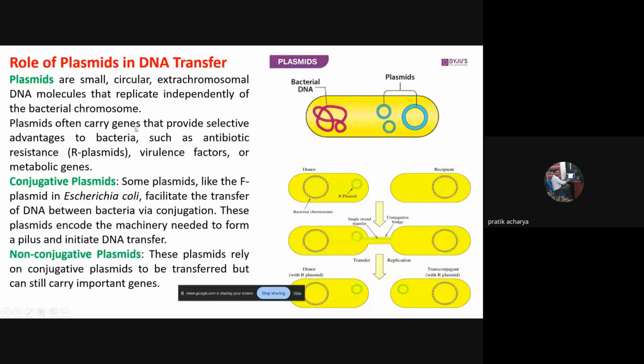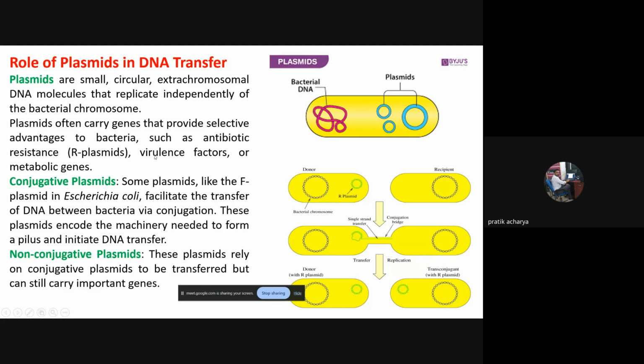Plasmids often carry genes that provide selective advantage to bacteria, such as antibiotic resistance, virulence factors, or metabolic genes. So they are important. Sometimes we get to know that plasmids are very important in gene transfer.